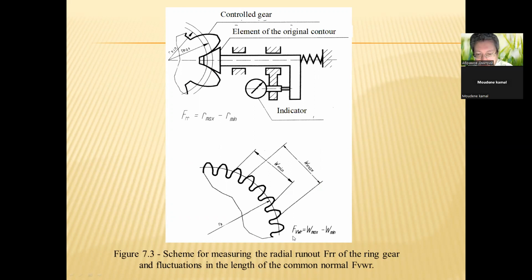It's parameter FVWR, and FRR is equal to R maximum minus R minimum. We use the indicator to determine these parameters, R minimum and R maximum. It's the controlled gear and element of original contour. So this is the scheme how to determine these parameters.